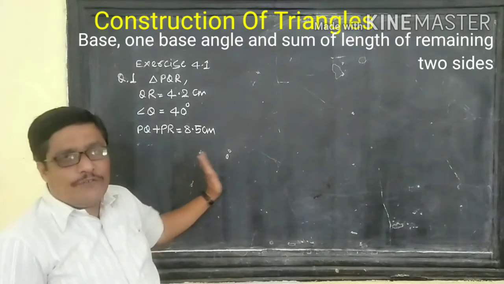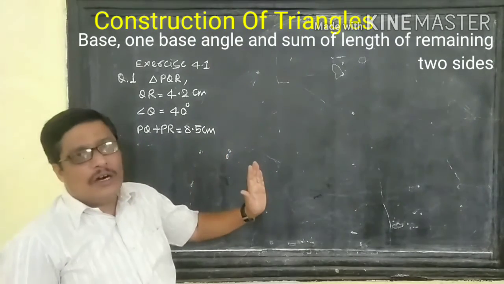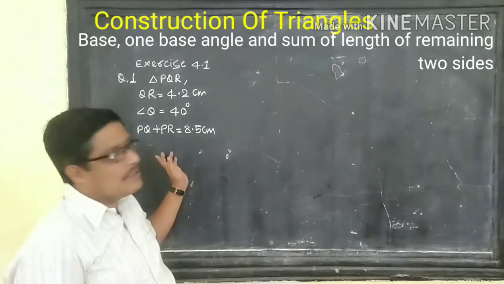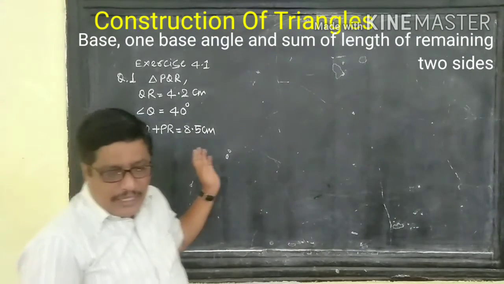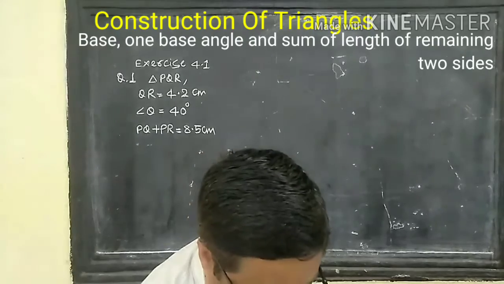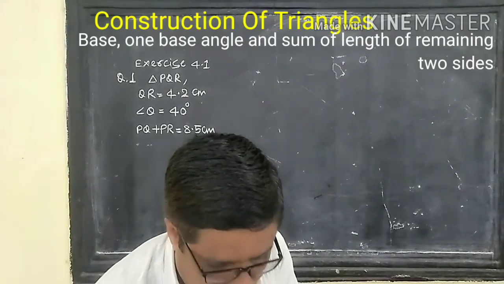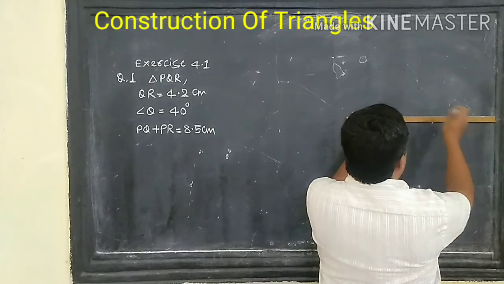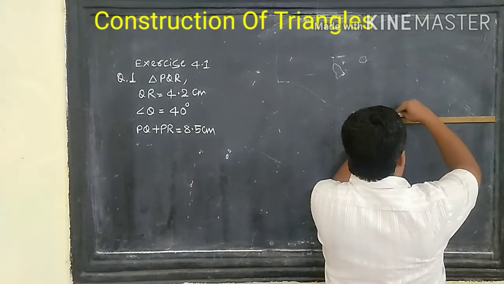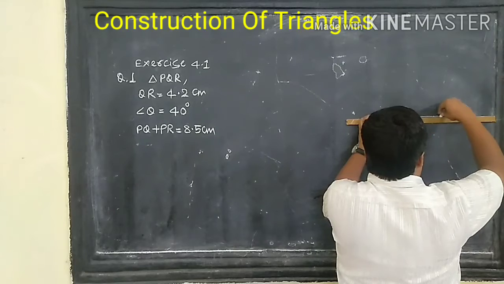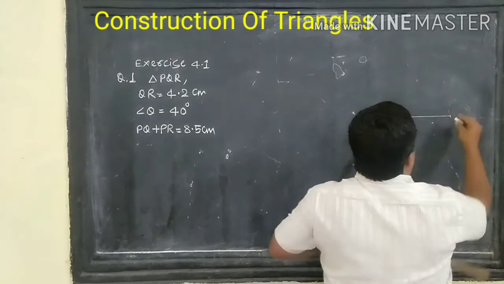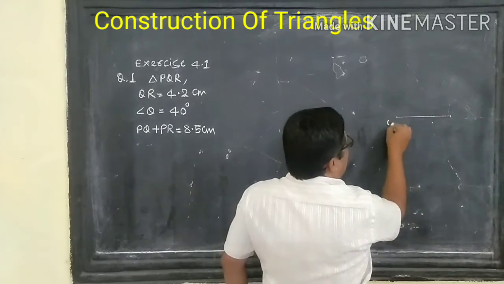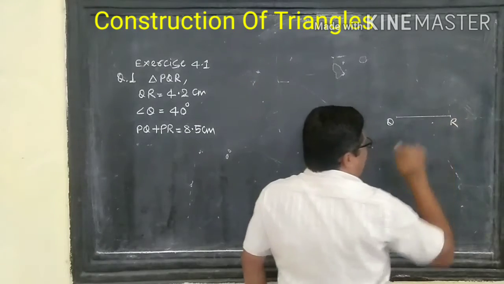Before the construction of triangle, we have to draw a rough diagram of this example. So for that we have to take segment QR.